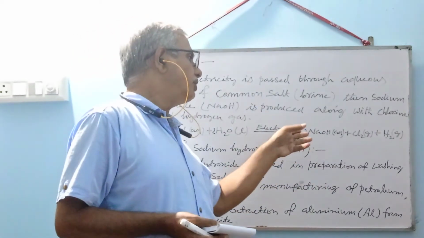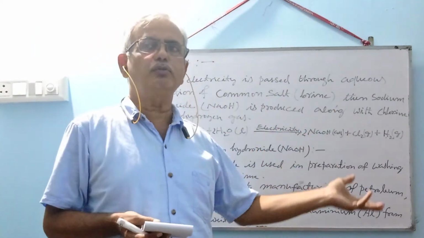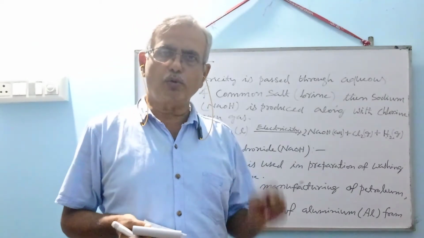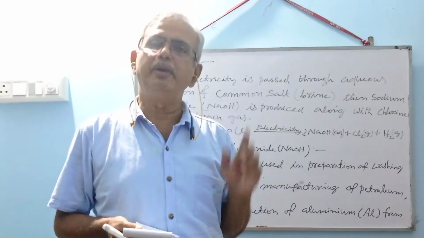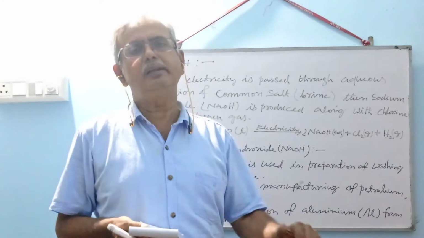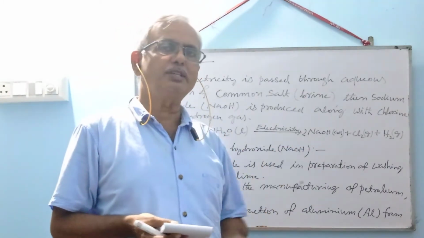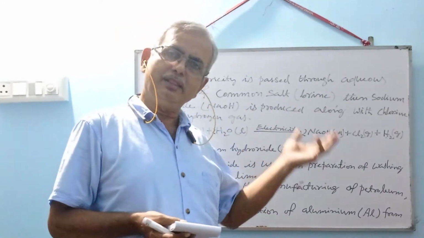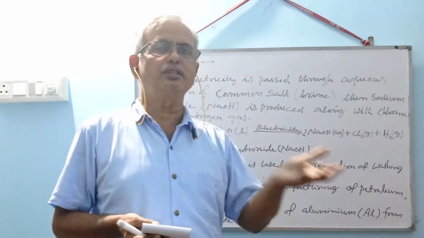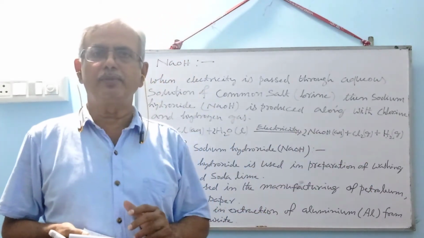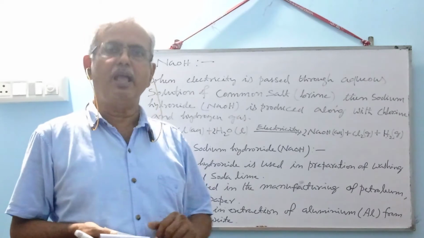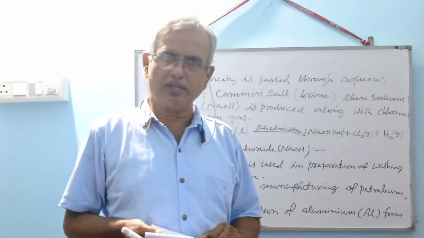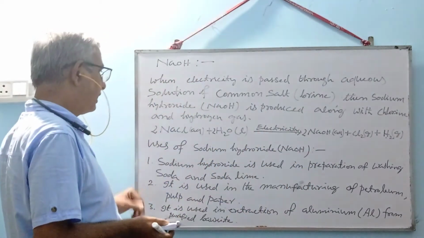So sodium hydroxide is soluble in water, so it is called alkali also. Why is this process called so? Because in this process we are getting chlorine gas and alkali, sodium hydroxide. Up to here clear.